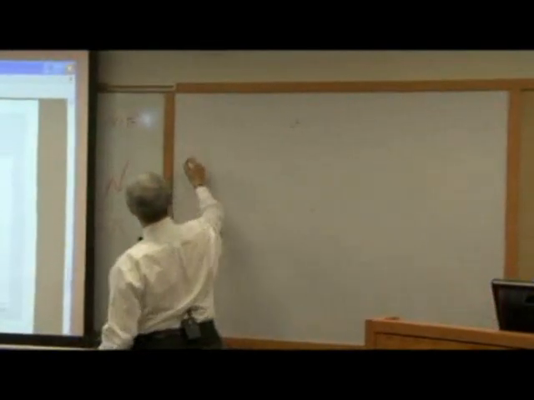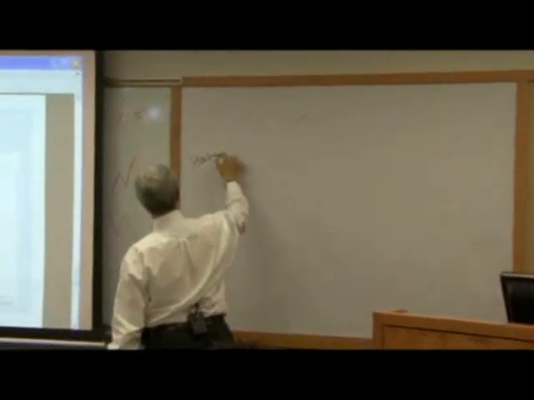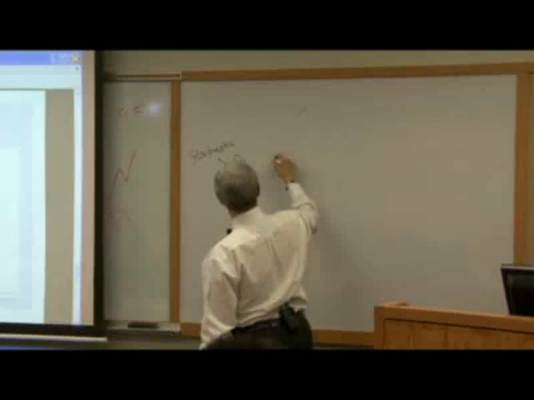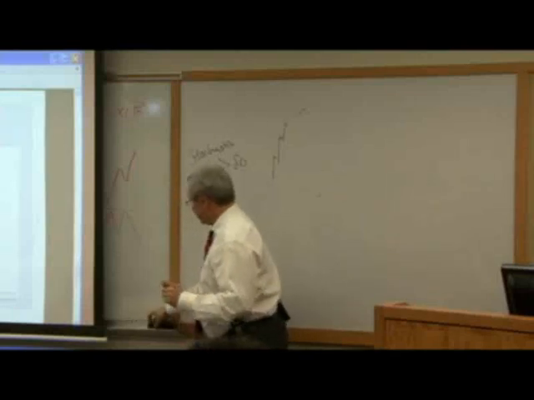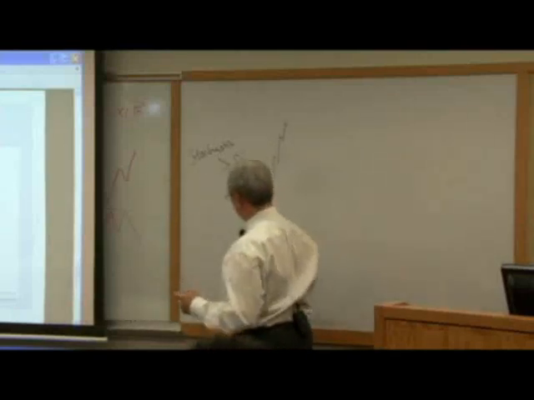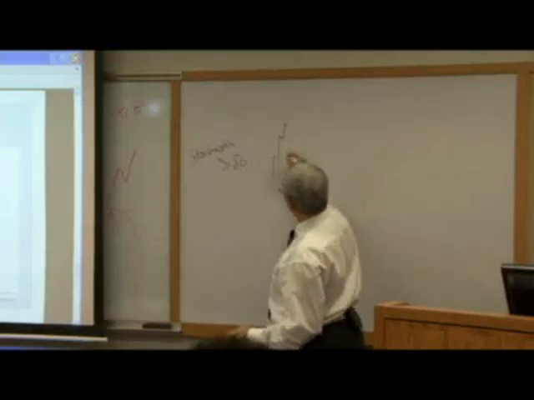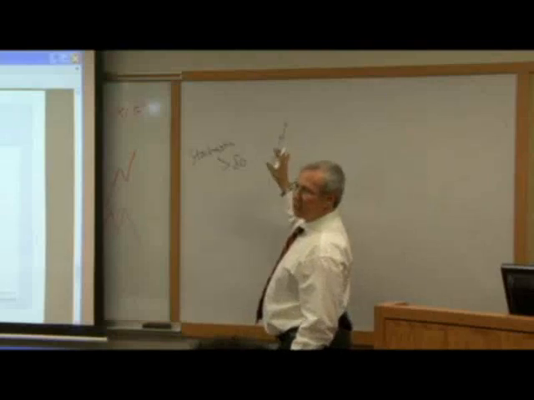So we got a stochastic reading greater than 80. Okay, and we got it because the market's up like this. Okay, overbought. Doesn't mean we're going to sell it if we get more overbought. Okay, and we certainly don't want to short it once we get a reading over 80, but we want to get out as close to the top as possible.